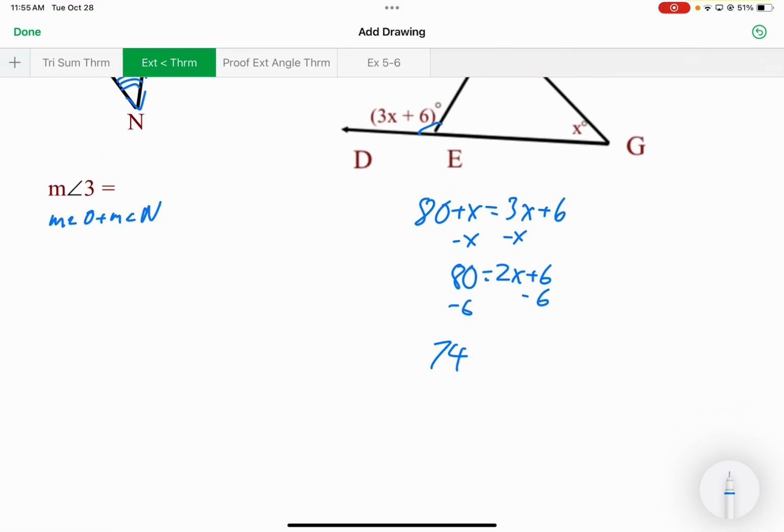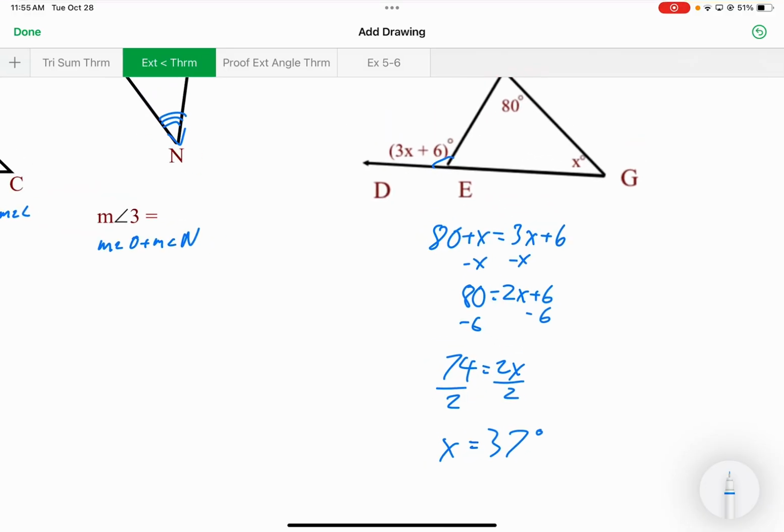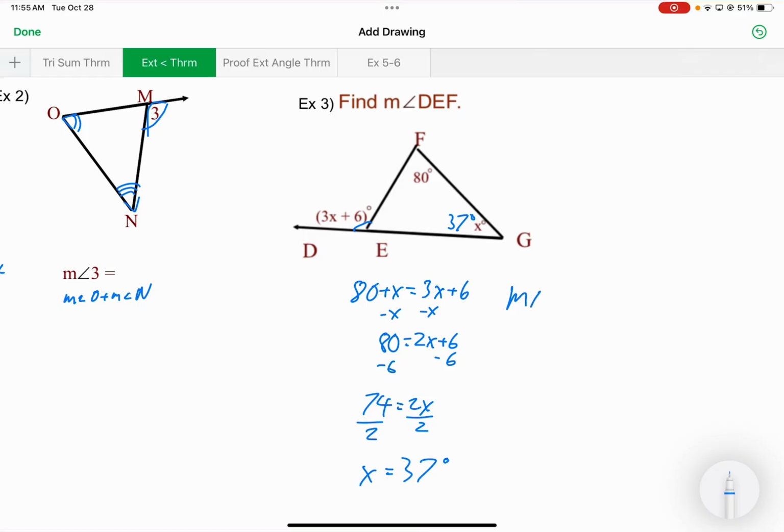Take 6 away from both sides: 74 equals 2x. Cut that in half and I get 37. So I know x is 37, but I need to figure out what that angle is. They said the measure of angle DEF is 3x plus 6, so plug in 37, right? 117. It is 117, good job.